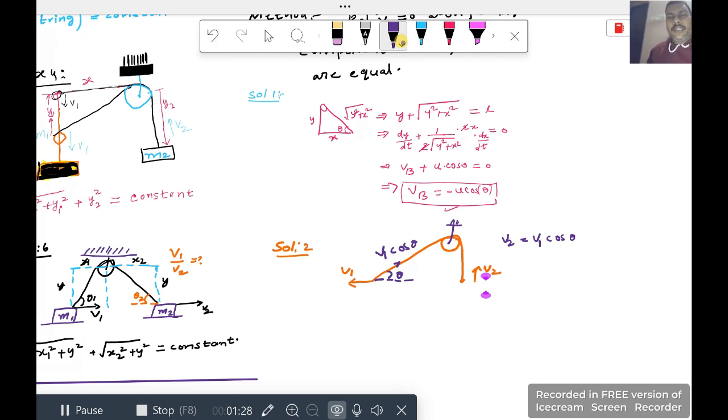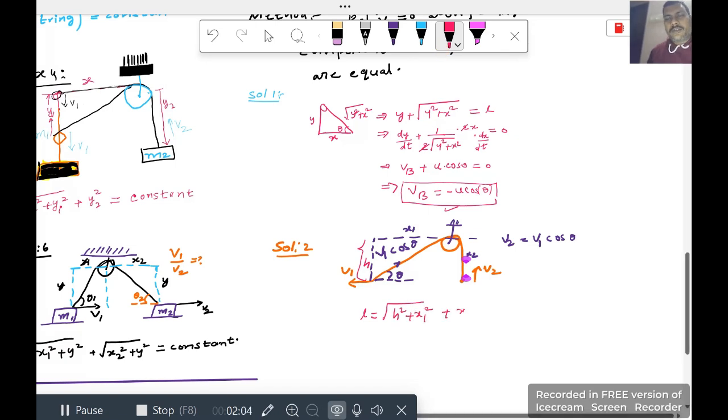So if we come to the length concept, the length is constant here. So this is x1, x2. With respect to time, this height h is constant. Therefore, the length L is equal to root over h square plus x1 square plus x2.